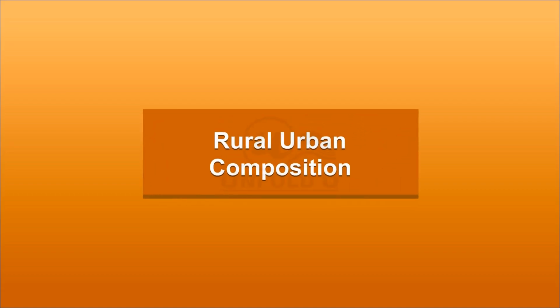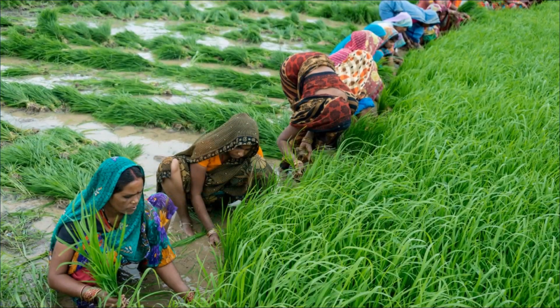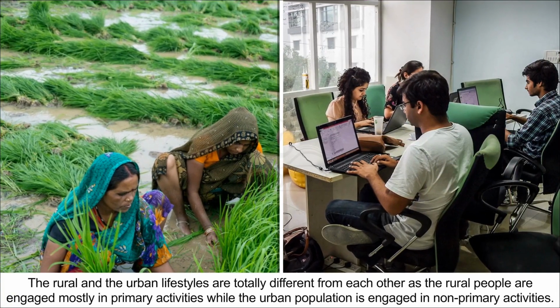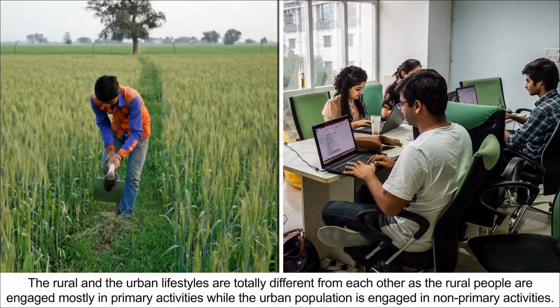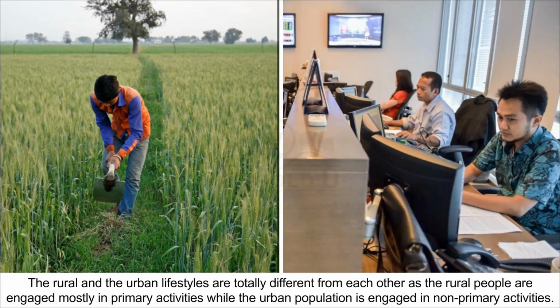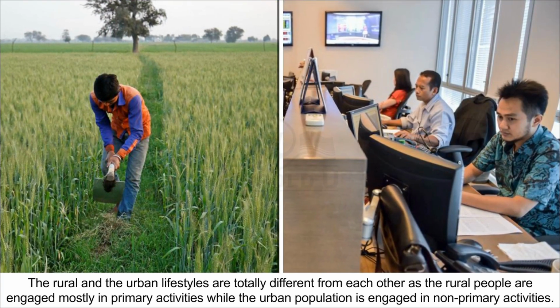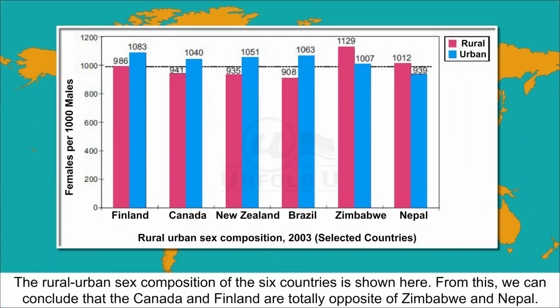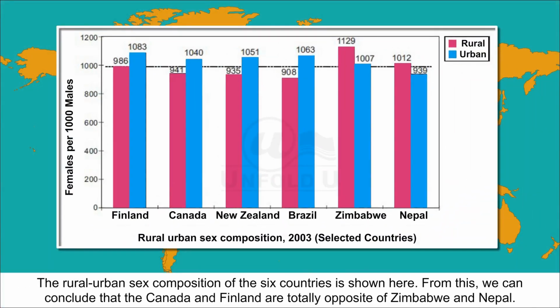Rural-urban composition. The rural and the urban lifestyles are totally different from each other, as the rural people are engaged mostly in primary activities, while the urban population is engaged in non-primary activities. The rural-urban sex composition of six countries is shown here.